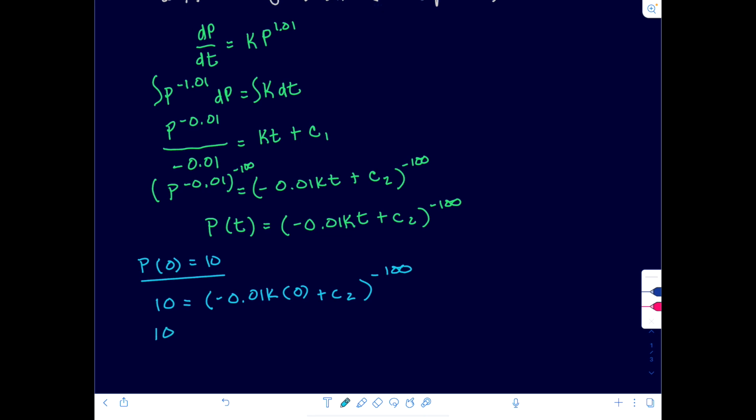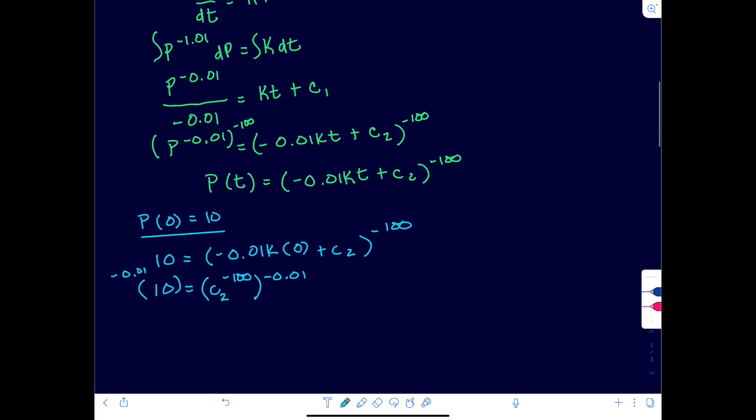So that will be 10 equals c2 raised to the negative 100, and then raising both sides to the negative 0.01 gets you a 1 exponent for the c2. And so 10 to the negative 0.01 is equal to c2.